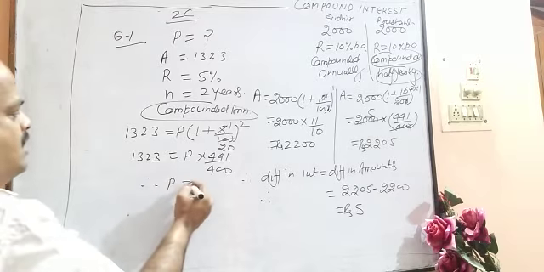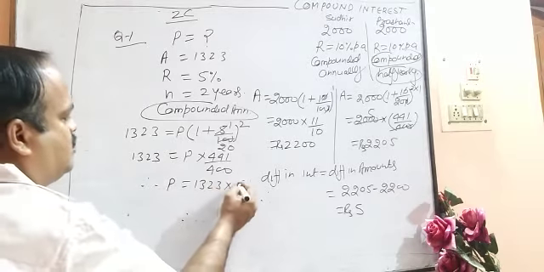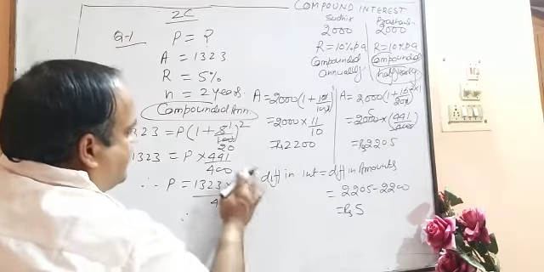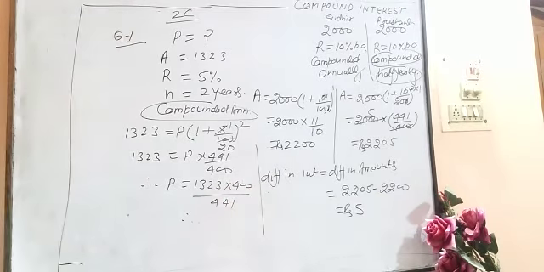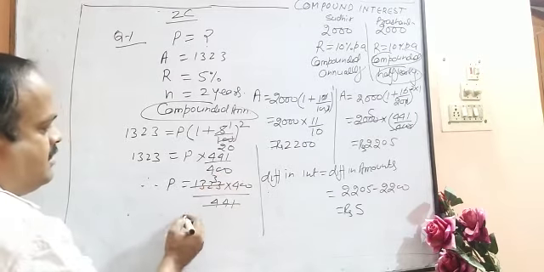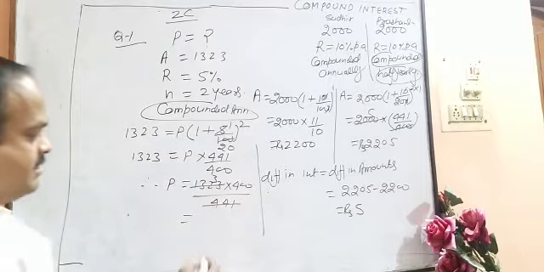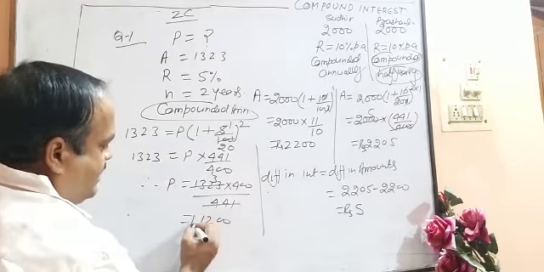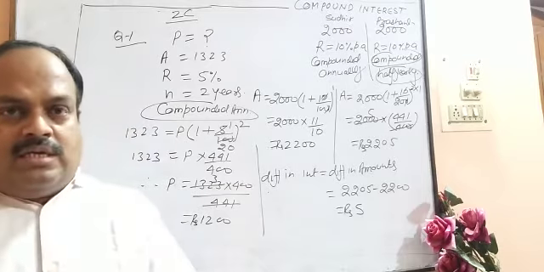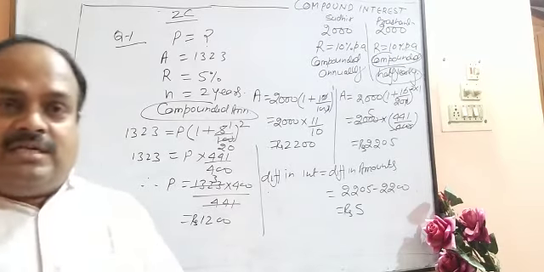Therefore, P is equal to 1323 into 400 upon 441. We do the cross multiplication. 3 times 3 into 400.